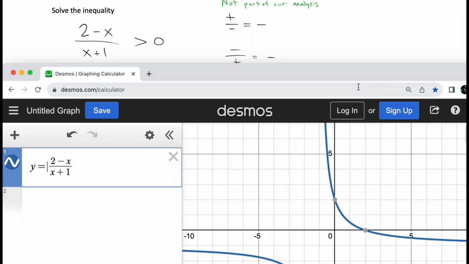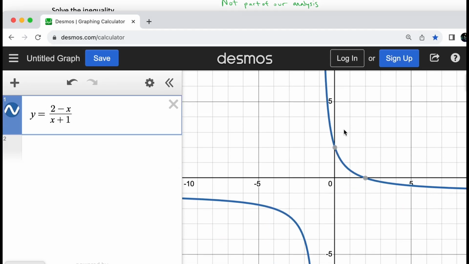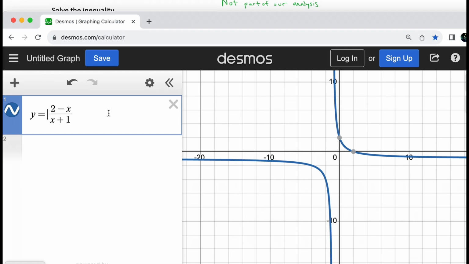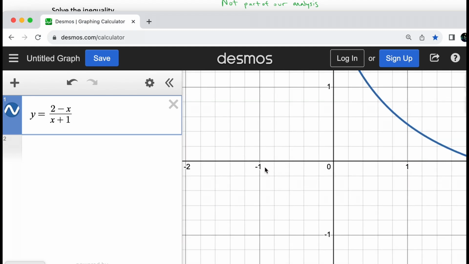If you want to just see the function briefly, what we're looking for is places where the function is positive. So positives would be when it's above the x-axis. So this whole region here looks like it's positive. There's an asymptote though occurring at -1.